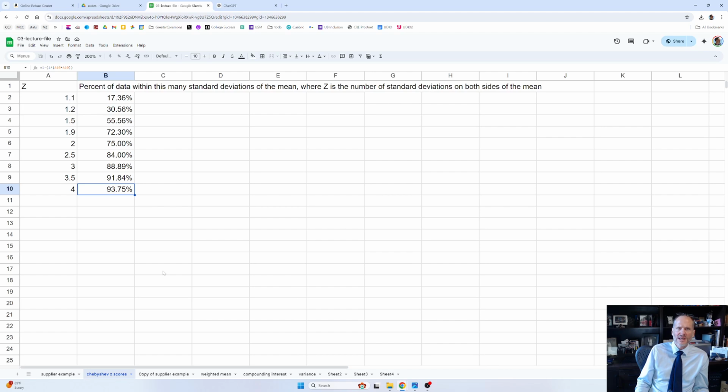We'll start to see how we think about our data: where's the mean, what are the standard deviations, how much data is here versus there. We can start to gain insights into our data that will allow us to make decisions and take action. So we can gain actionable insights into our data, and Chebyshev's theorem starts to point us in that direction. All right, that's Chebyshev's theorem.